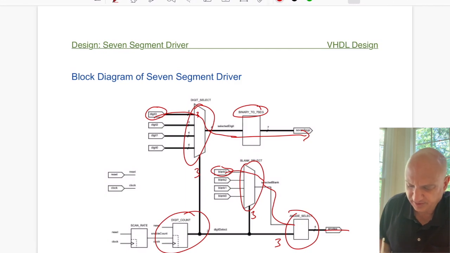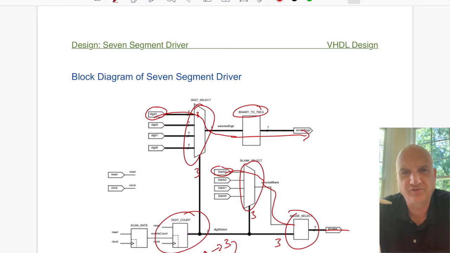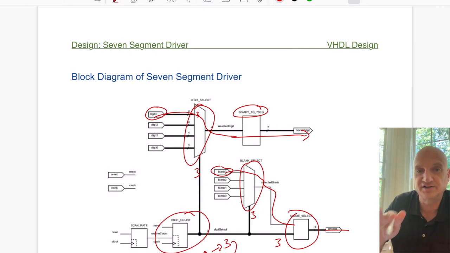This is our digit count, and it's a simple counter that counts between 0 and 3, okay? And then it loops back around and counts to 0 again. So this is a counter that continually goes 0, 1, 2, 3, 0, 1, 2, 3, 0, 1, 2, 3. And the whole idea is it's constantly scanning the display and displaying the particular digit.